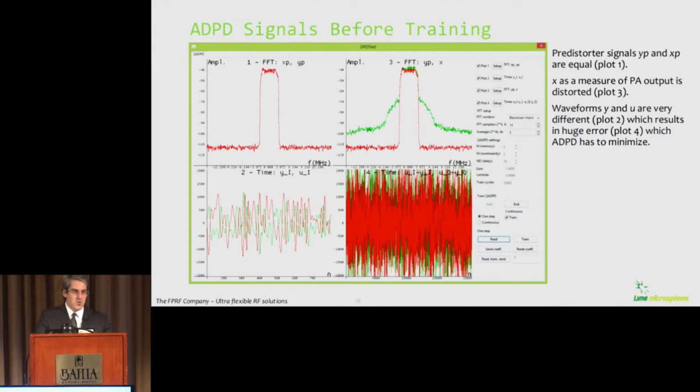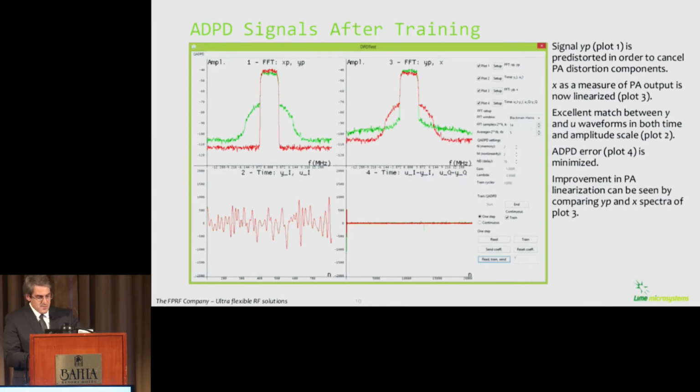So the predistortor is just bypassed at the beginning. Signal X in plot 3, as you can see, is quite distorted. It is the measure of PA output, and we obtain complete misalignment between predistortor and postdistortor output signals. It can be seen in plot 2. We got a very huge error, which is going to be minimized using our open source algorithm.